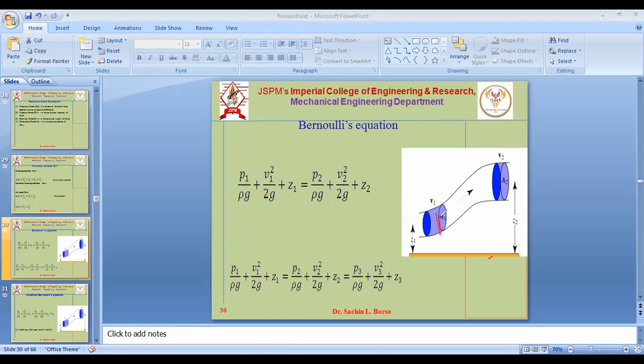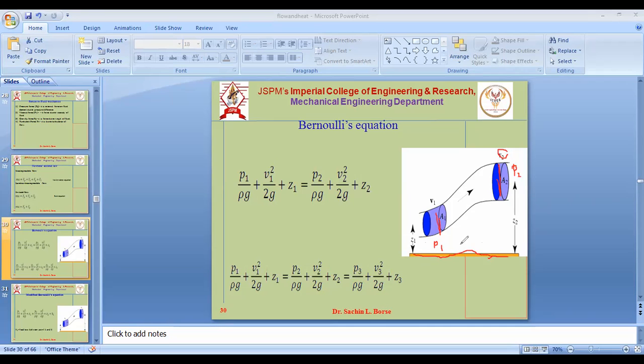This is the inlet, this is the outlet of the pipe. So at this location, Z is the datum. Here velocity is V1, pressure is P1. At this location, our exit velocity is V2, pressure is P2, and datum is Z2. So we take datum from some common reference.